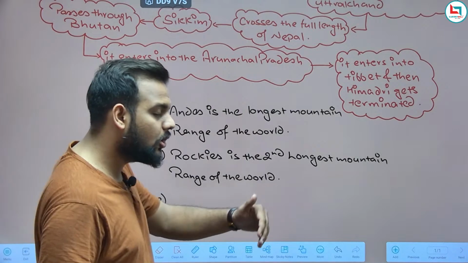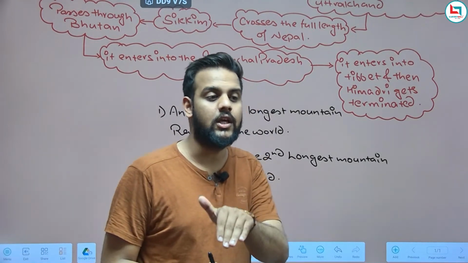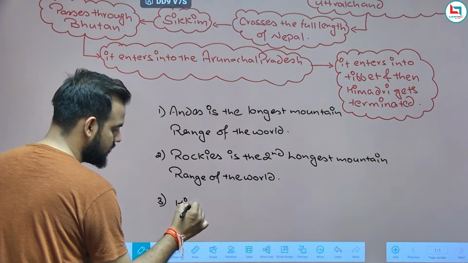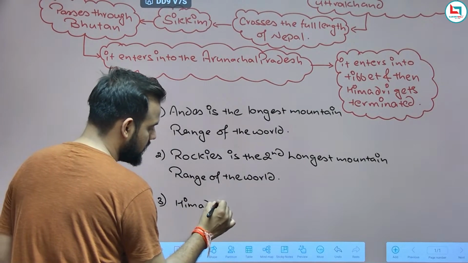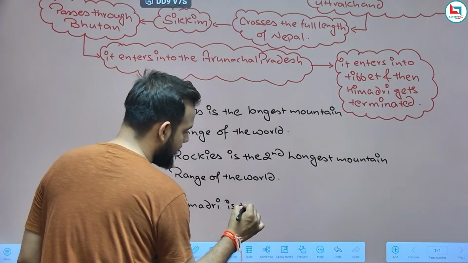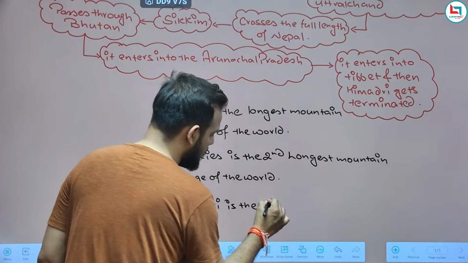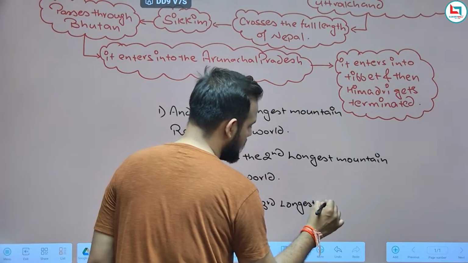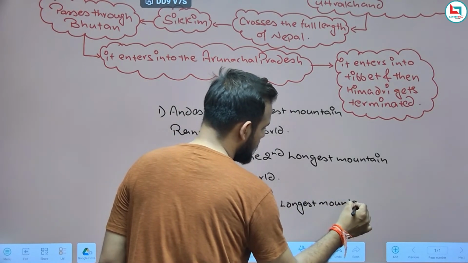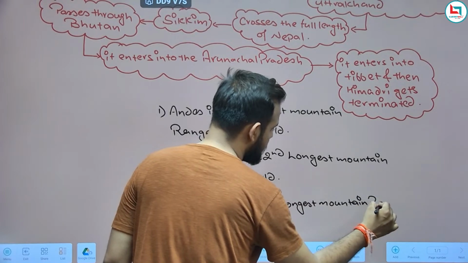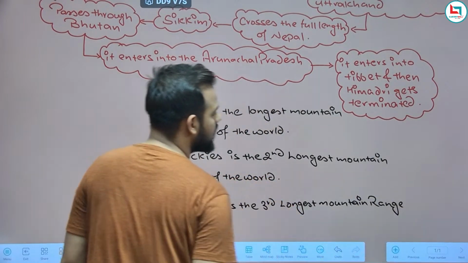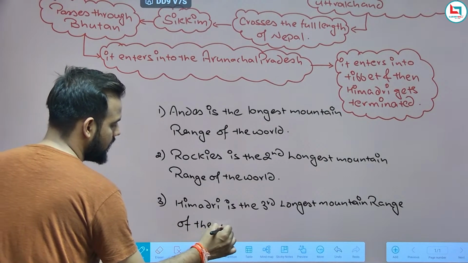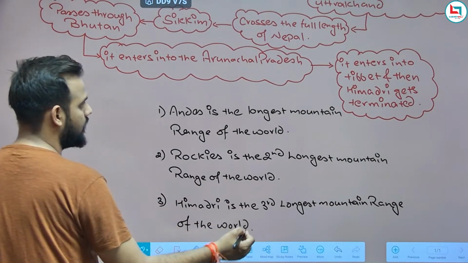And the third longest mountain range of the world is the Himadri. Himadri is the third longest mountain range of the world.